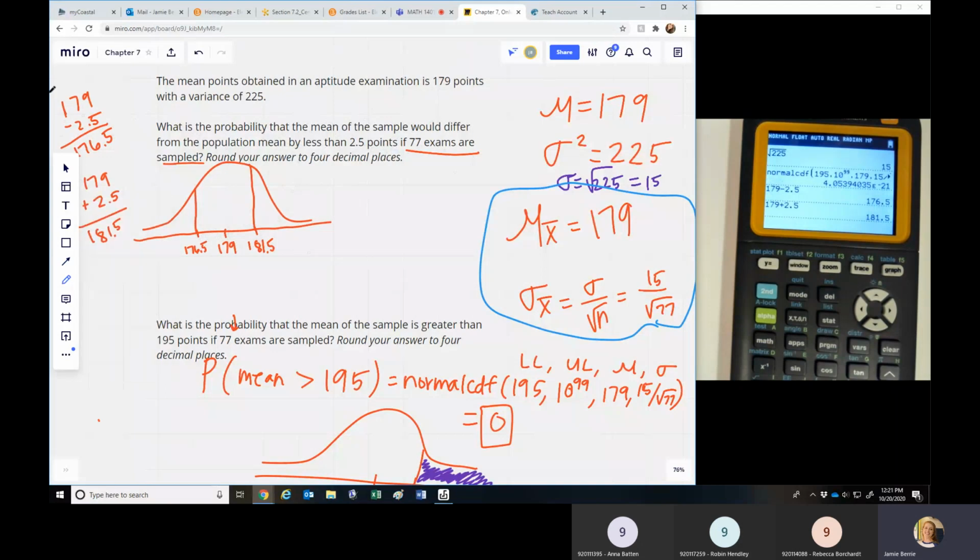So if you see the words differ by less than, that means find those two numbers and shade in the middle. We're going to see a problem in a minute that says differ by more than, and on that problem you'll have to shade the outsides, which is where you shade the tails.